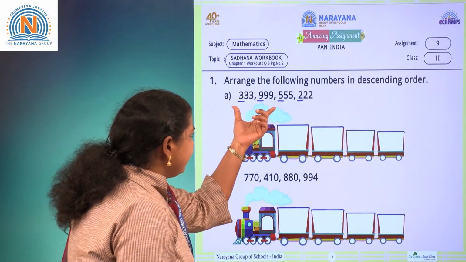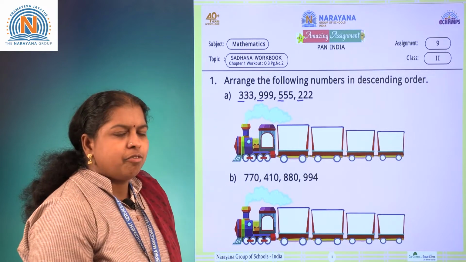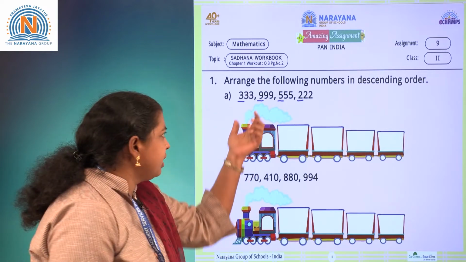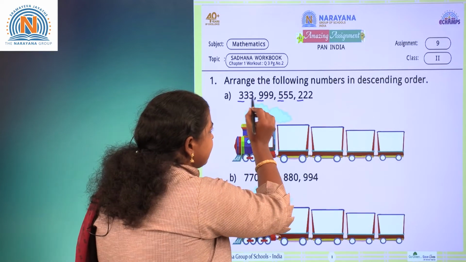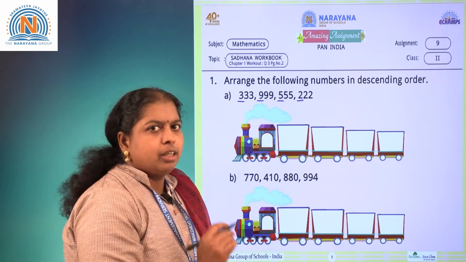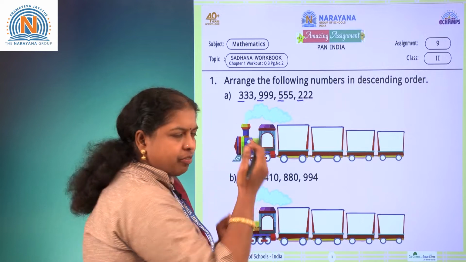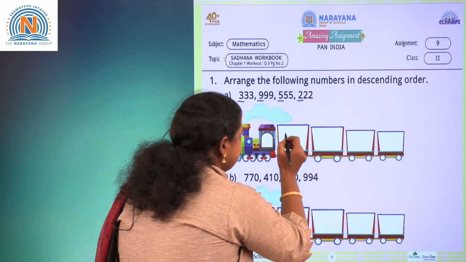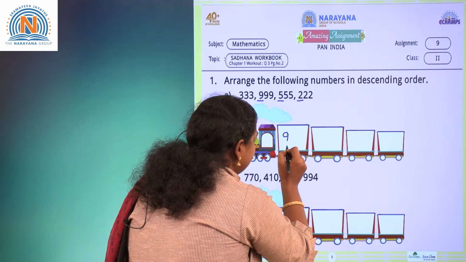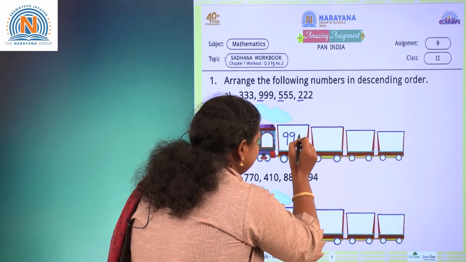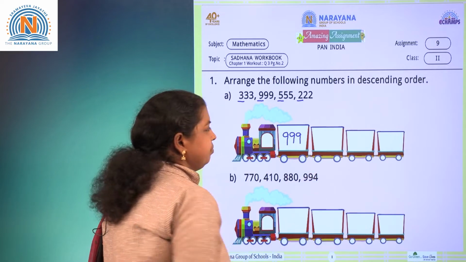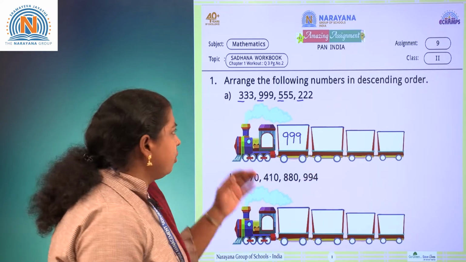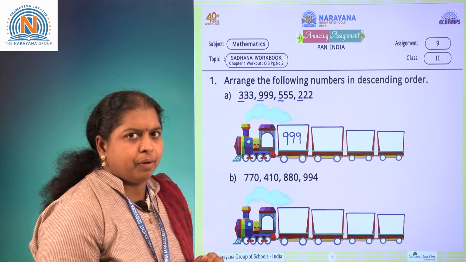If you compare the digits in the hundreds places, which one is the greater, children? 9 is greater among all. So, the number which starts with 9 is the greatest number. So, what is the greatest number here? We have to write 999. Okay.